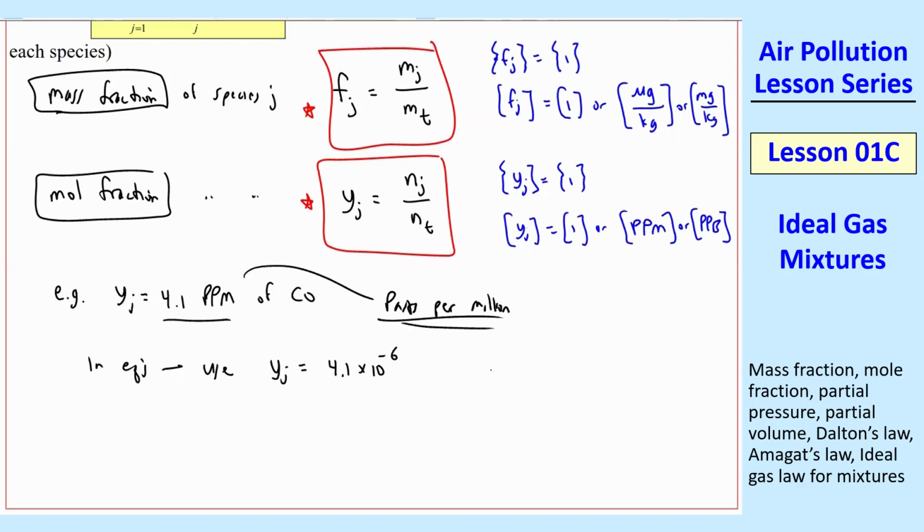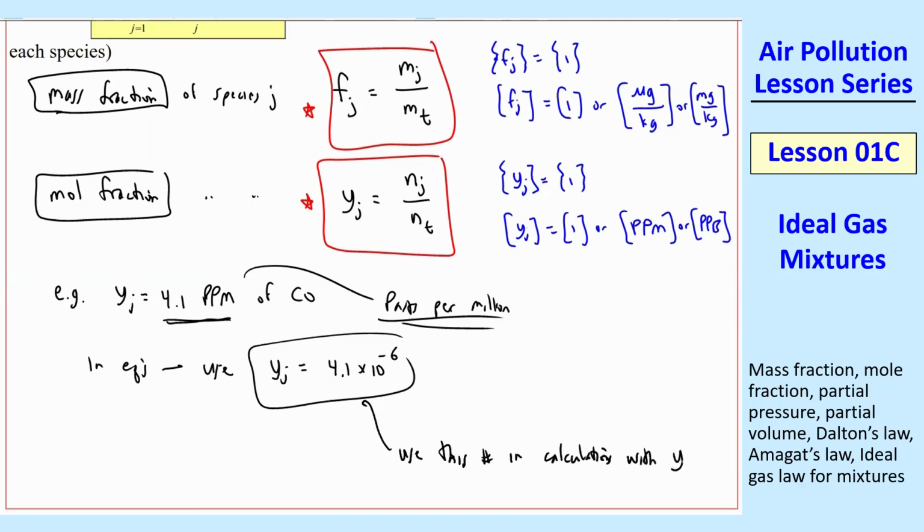And if you have parts per million, to get the actual y_j, this is a very small concentration, by the way. y_j is only 4.1 times 10 to the minus 6 because of the million. And that's the actual number. So you would use this number in calculations with y_j. When you have some kind of equation with the y_j, that's what you would use.